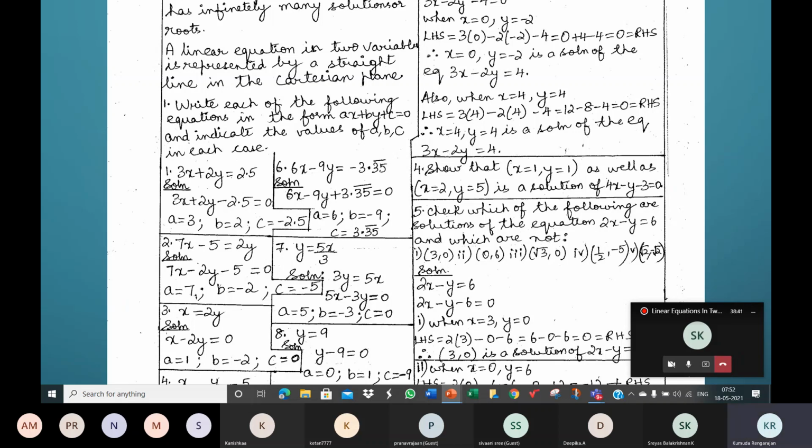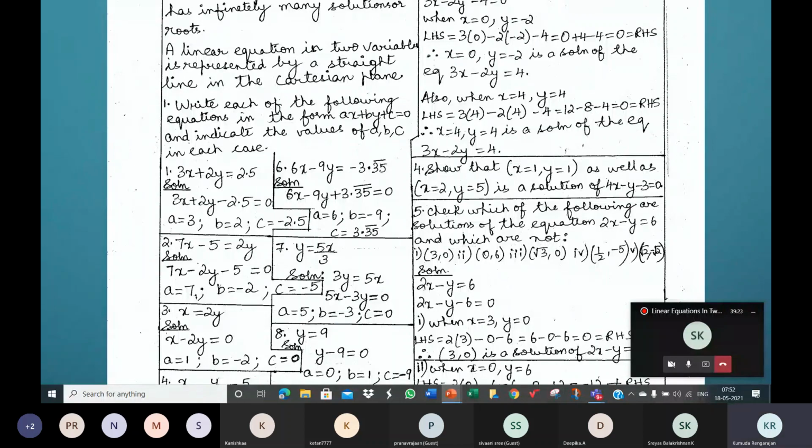But we know that every linear equation in one variable x can be treated as a linear equation in two variables x and y, which means this equation can be rewritten as 5x plus 0y minus 3 is equal to 0. Every linear equation in one variable x or y can be treated as a linear equation in two variables x and y.